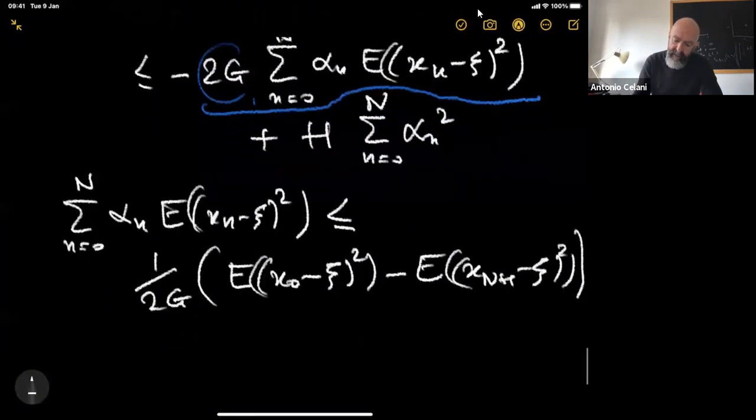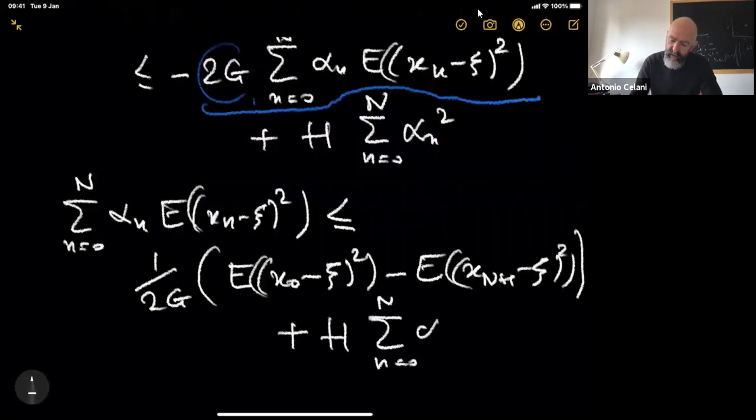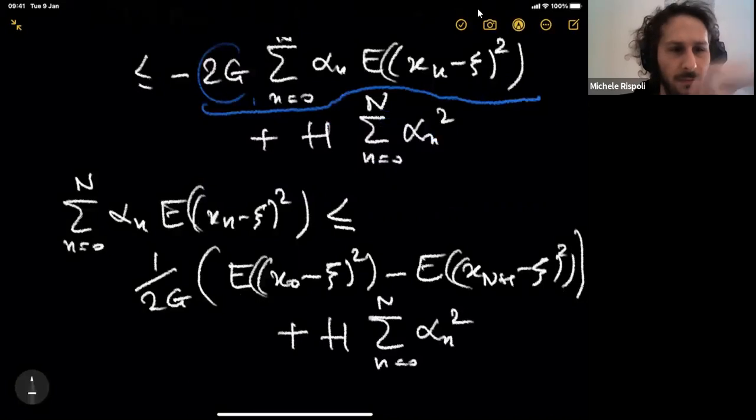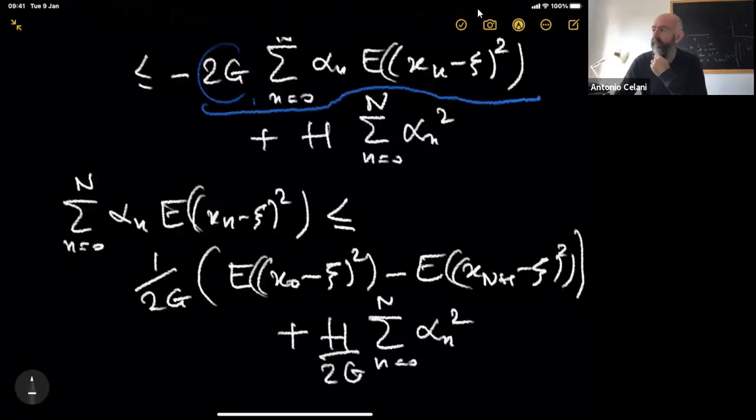And I still have this plus h sum from 0 to N of alpha_n squared. This is a minimal rearrangement, just taking one thing on the other side and dividing everything by 2g, which is strictly positive. Any question? No, there also is the 1 over 2g for the h. Should be. Thank you.